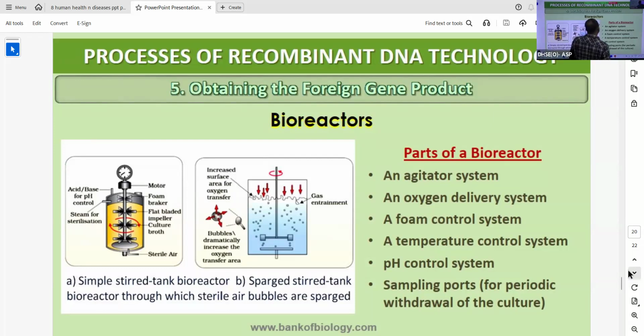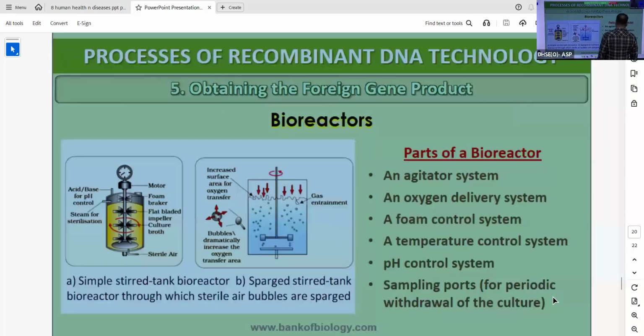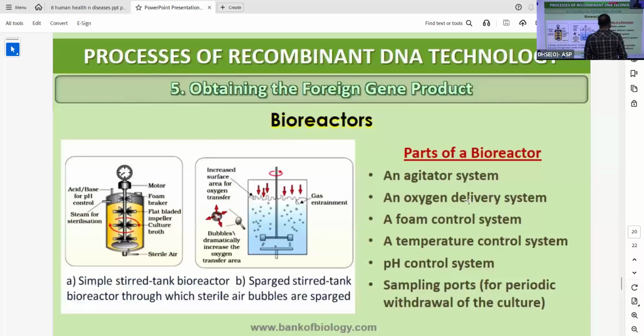That releasing cap does not take sampling ports for periodic withdrawal of the culture. As each batch is processed, it is released outside, and as one comes out, another goes in. So this is a continuous overlapping process. Hence the stirred type is good. In sparged, extra bubbles are given from the inside.